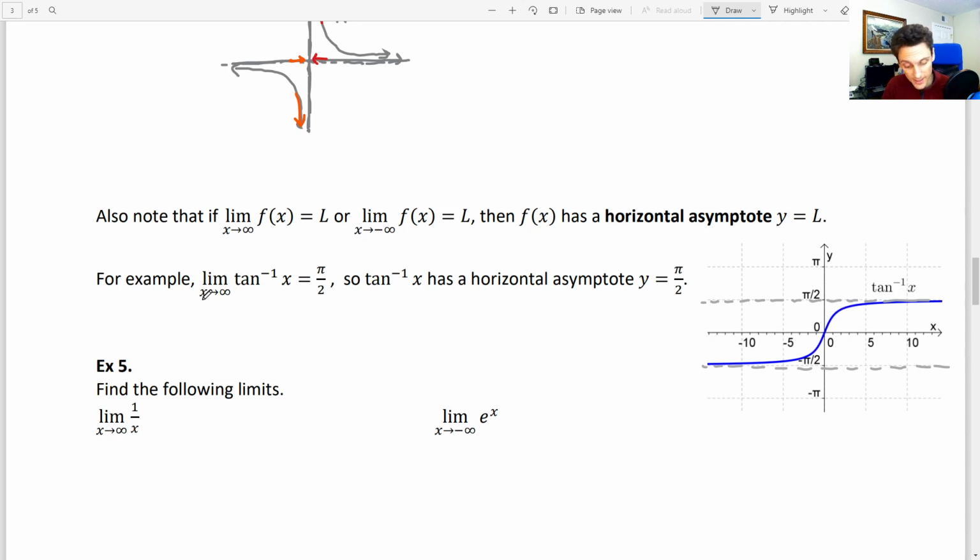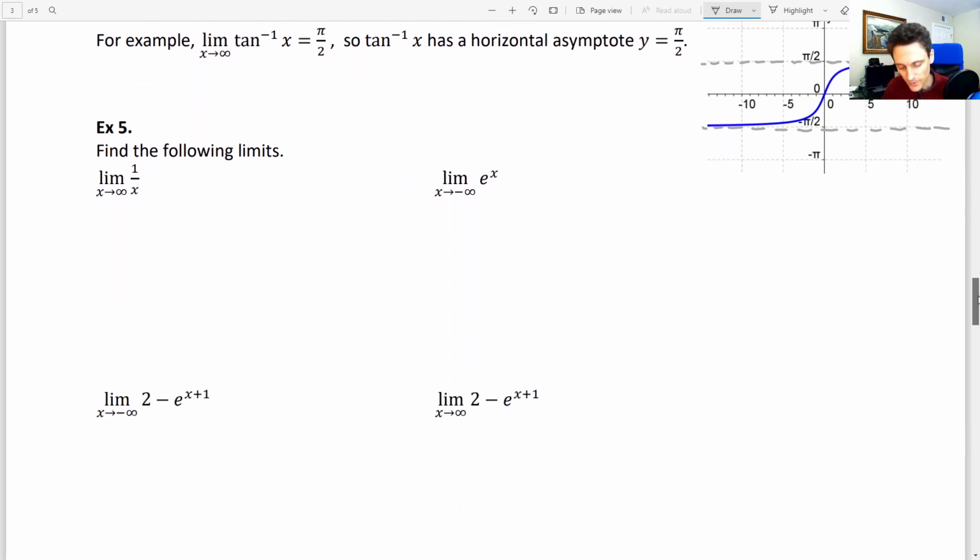Now here, if x is approaching positive infinity of inverse tangent, well, looking at the graph, the y values get closer and closer to pi over 2. That horizontal asymptote, y equals pi over 2. If you see this limit is pi over 2, then inverse tangent will have a horizontal asymptote y equals pi over 2.